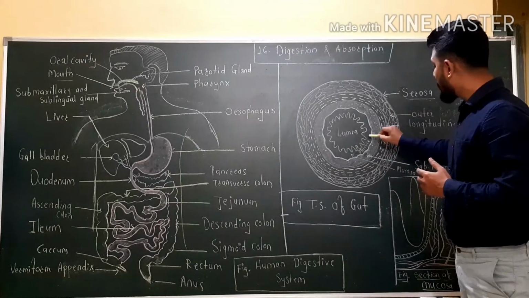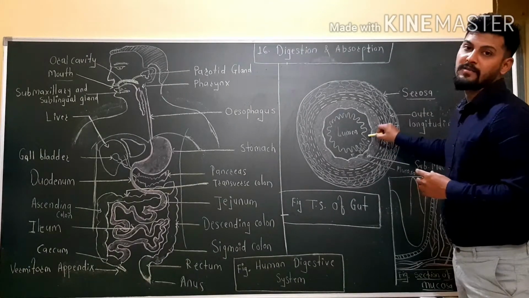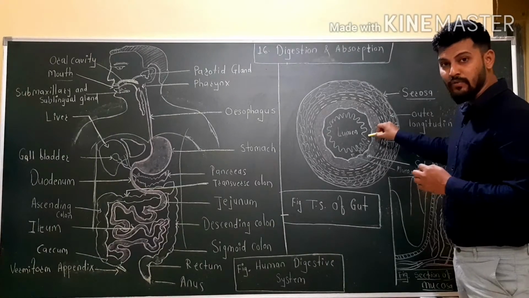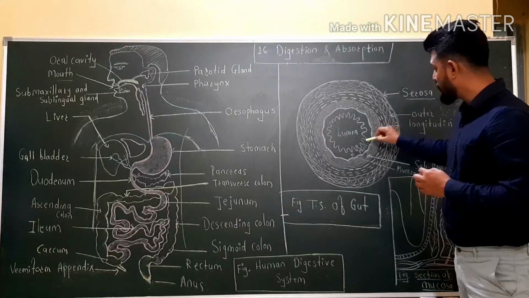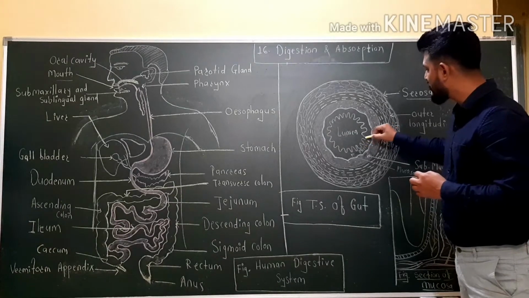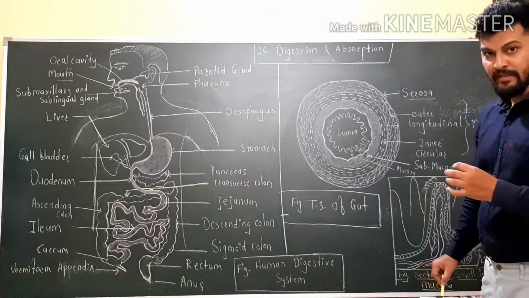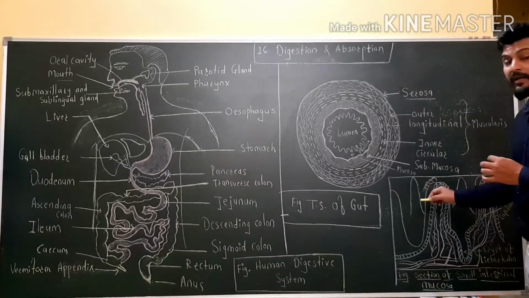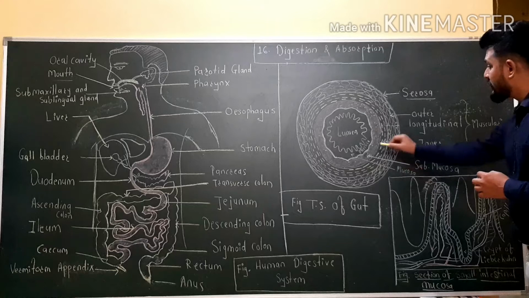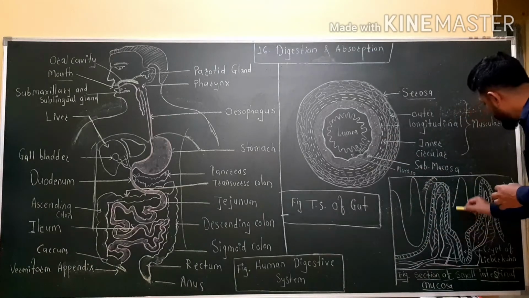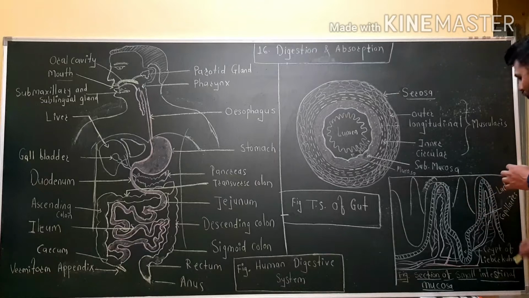Inside the submucosa, the innermost layer is present, called the mucosa. The mucosa of the stomach shows irregular folds. These irregular folds are called rugae. While in the small intestine, this mucosa shows small finger-like projections. These finger-like projections are called the intestinal villi.